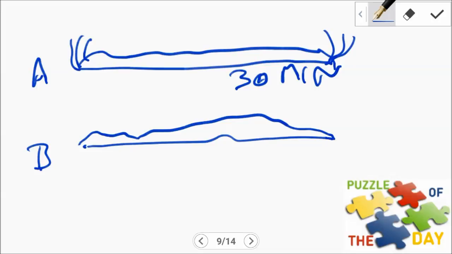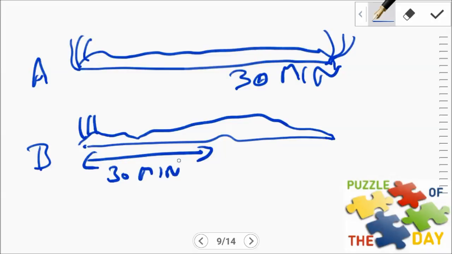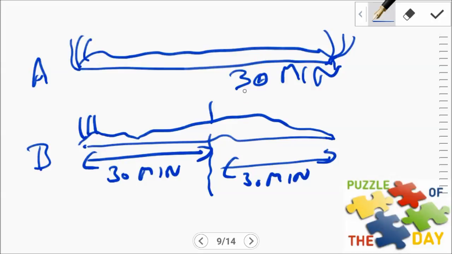So what I'm going to do is light the first rope from two ends and the other rope from one end. By the end of 30 minutes, this rope would have burnt 30 minutes and will have a remaining 30 minutes. After 30 minutes, while this rope is burning from this end, at that point I light the other end of this rope.